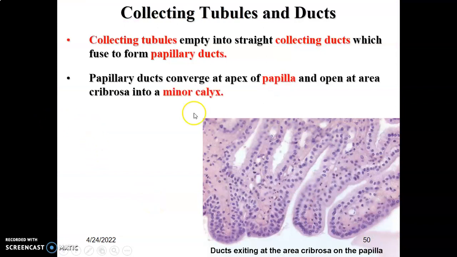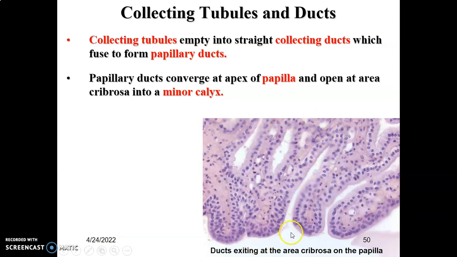So the collecting tubules then usually empty into the straight collecting ducts, which will form the papillary ducts, and then the papillary ducts will converge at the apex of the papillae. Remember, the apex of the papillae is at the apex of the pyramid, and this will open at area cribrosa into minor calyces. So from collecting tubules to collecting ducts to papillary ducts that converge at the papillae, and this opens into minor calyces.